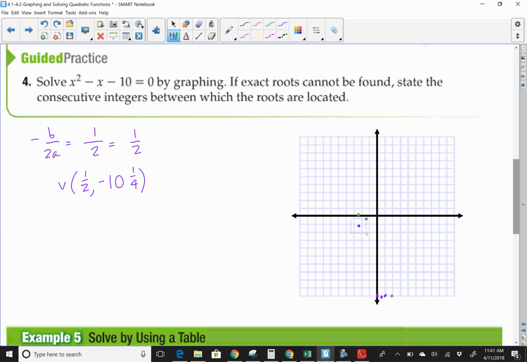And then the next one, if I go over 3, I go up 9. If I go over 4, which is 1 more, I'm going to go up 16.